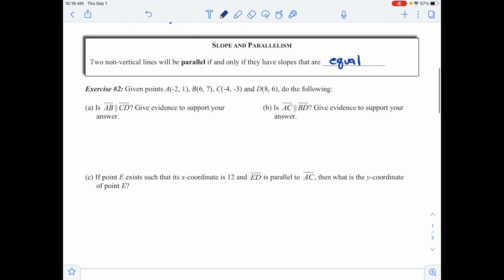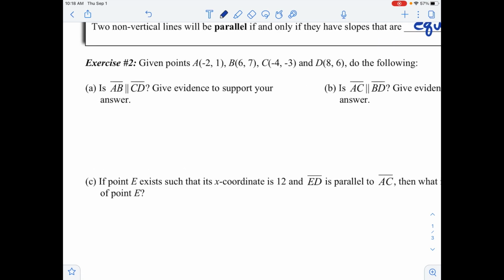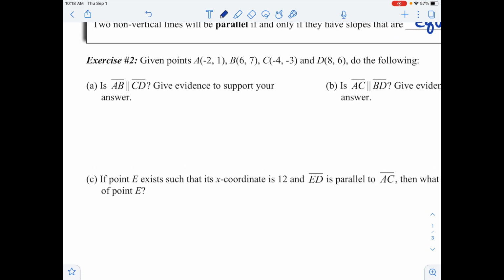So in exercise 2, it's asking us to determine if AB is parallel to CD. Well, let's go ahead and find the slope of AB. Now, I don't have a grid here, so I am going to use the slope formula, which is y2 minus y1 divided by x2 minus x1.